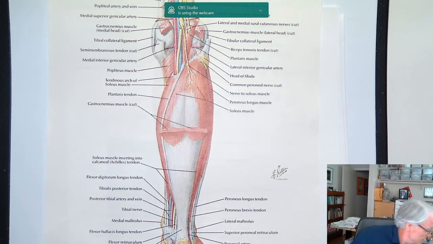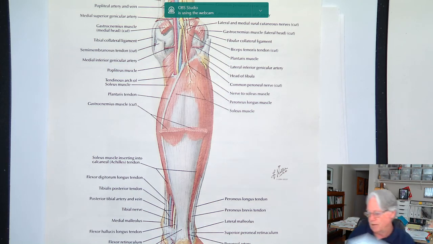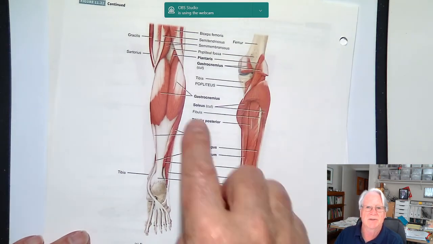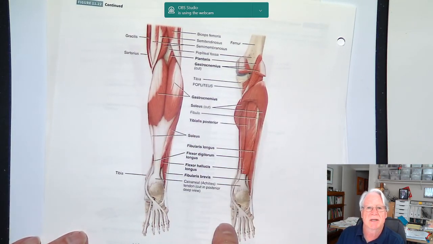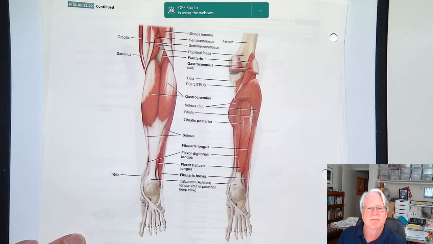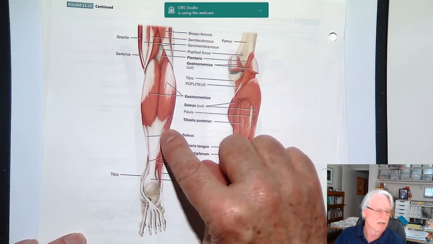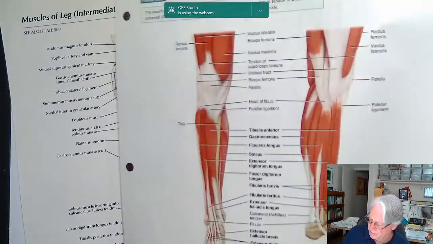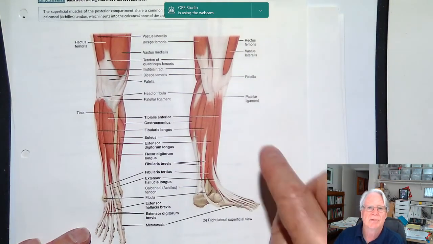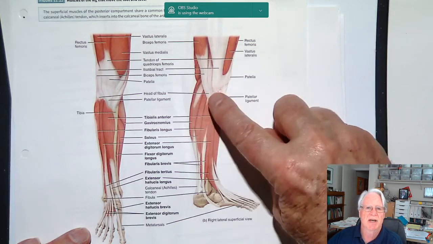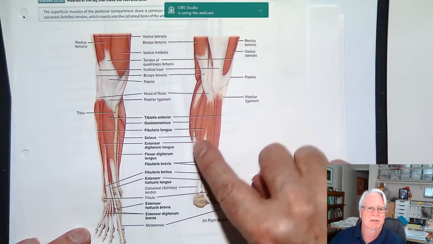And in the diagram from your textbook, we can see that here. Gastrocnemius muscle, and then the soleus is underneath it. So they don't show a cutaway view of that. They do have a lateral view. So here's my gastrocnemius on top, and underneath is the soleus muscle.